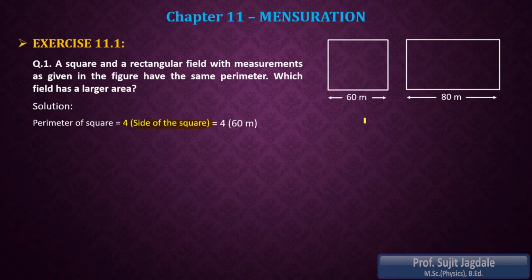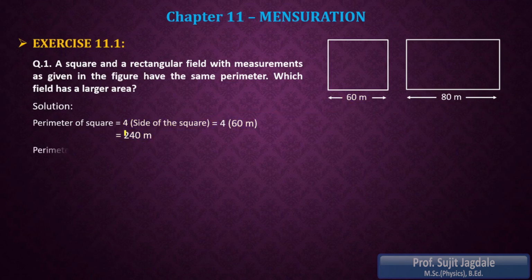We know the side is 60 meter, so we get 4 into 60 meter. Here consider the 4 or 6 table and later add the 0 in the final answer. 6 4s are 24, and put 1 zero after 24, which becomes 240 meter, which is the perimeter of the square.